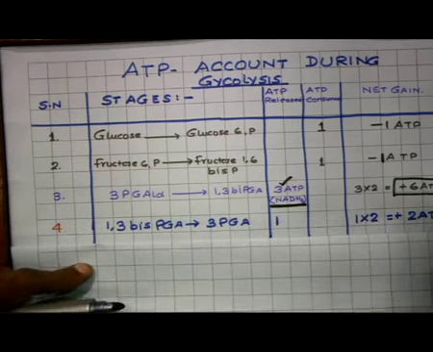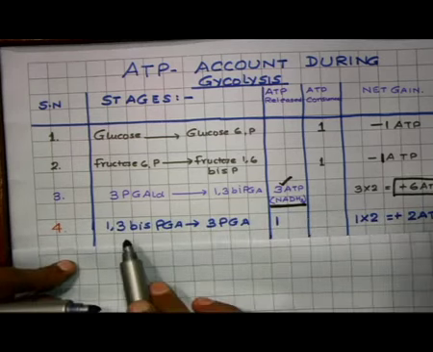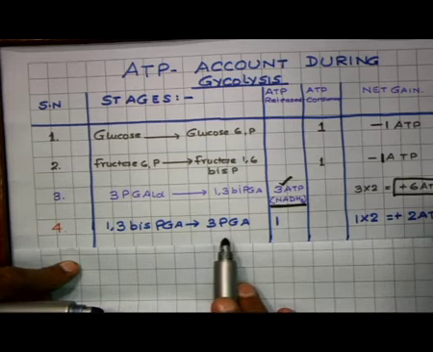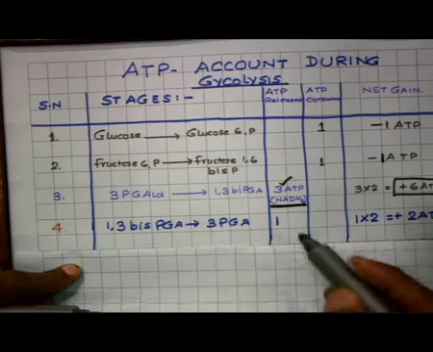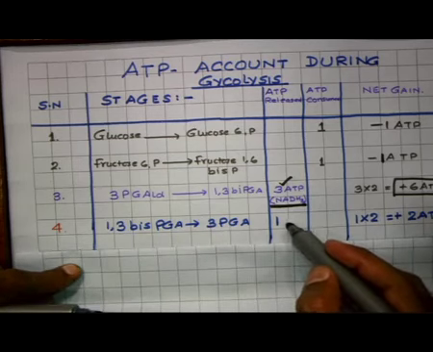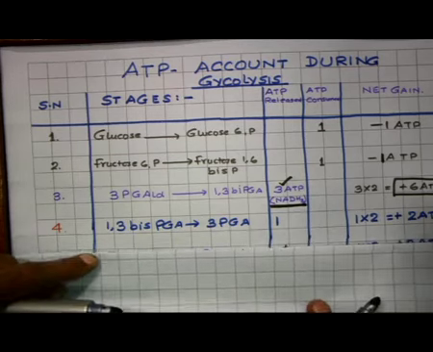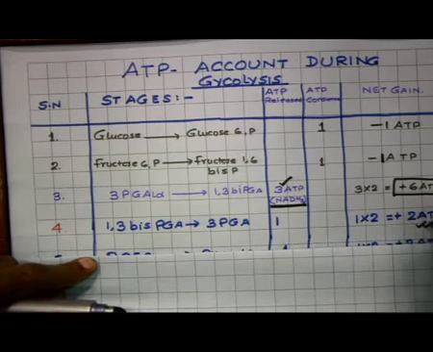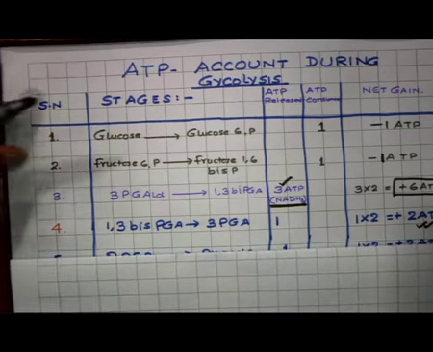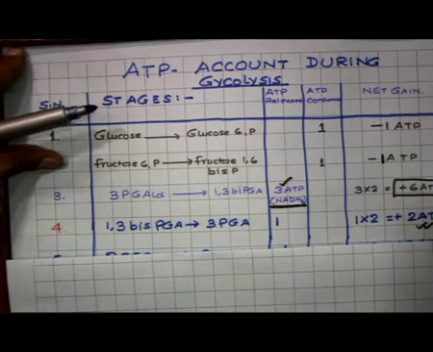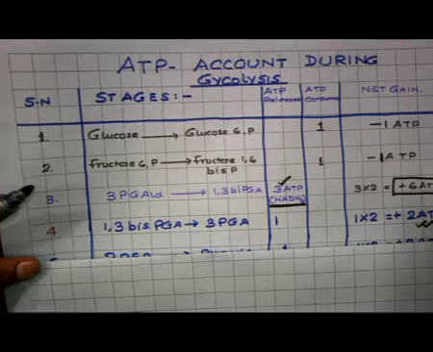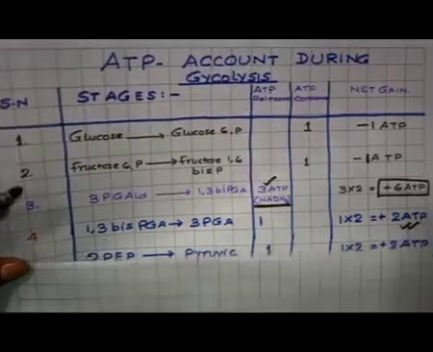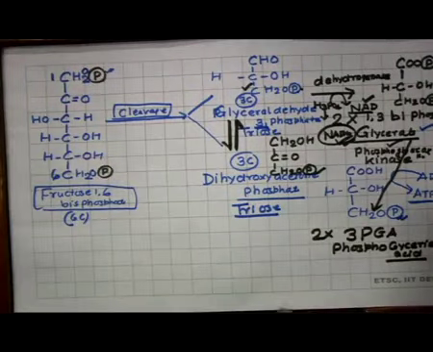And in the next stage, 1,3 bisphosphoglycerate is converted into 3 PGA, it releases 1 ATP. 1 ATP for each of the 2 molecules gives 1 into 2, that is a gain of 2 ATP. So, these are the steps where ATP is consumed and ATP is released.